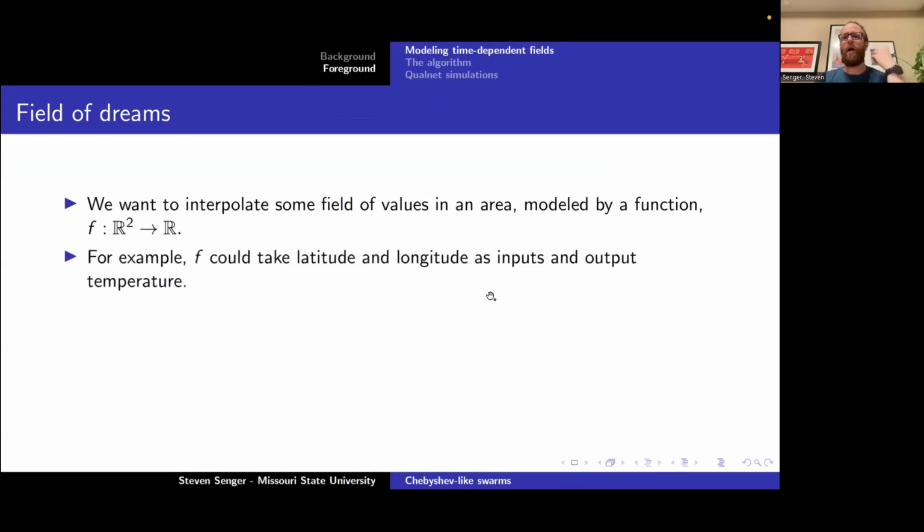So here's an example. And this example is going to be carrying us through for quite a while. F could take, say, the latitude and longitude of a point on the Earth as inputs, and then it could output the temperature.